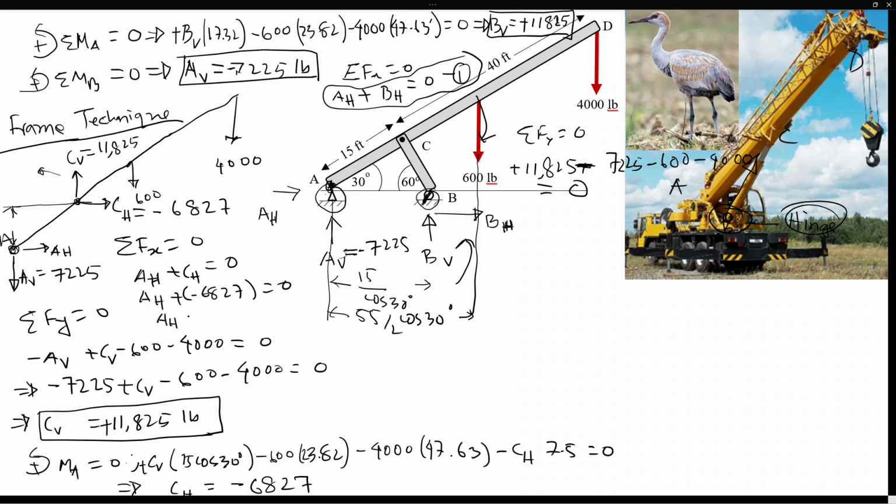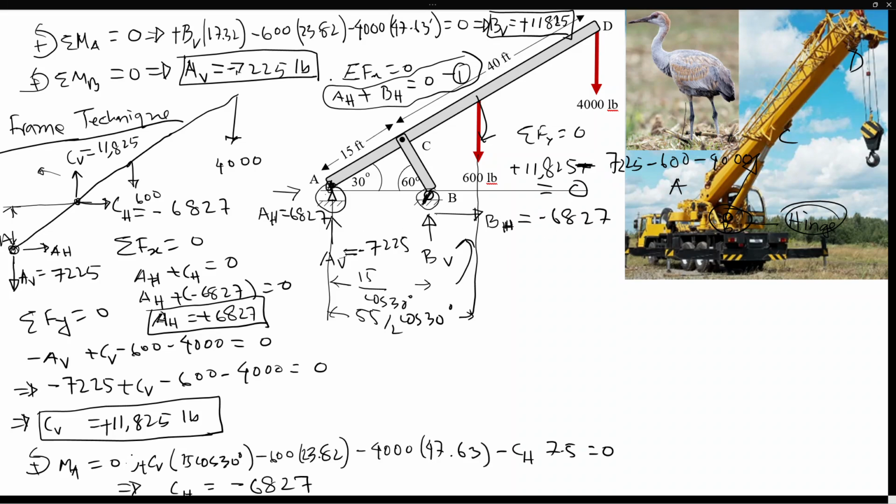So then AH would be plus 6827 pounds. So now we know the horizontal reaction at point A, which is 6827. Then the horizontal at B would be minus 6827, just to balance that.